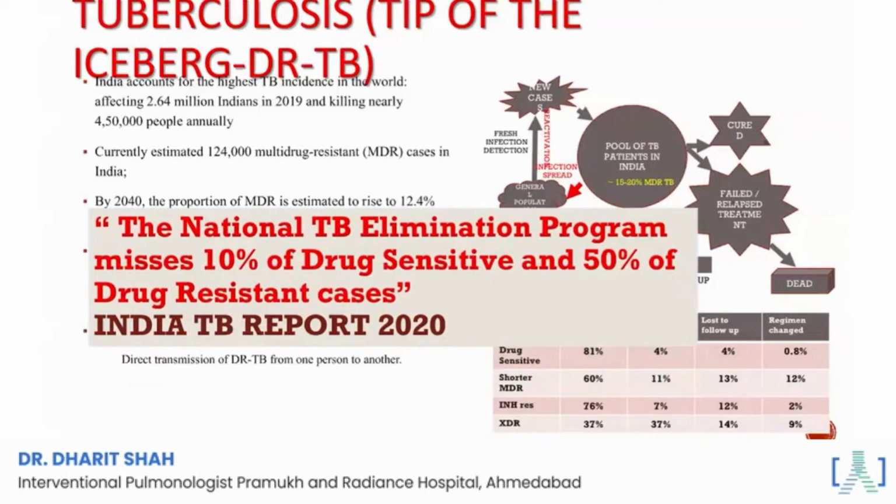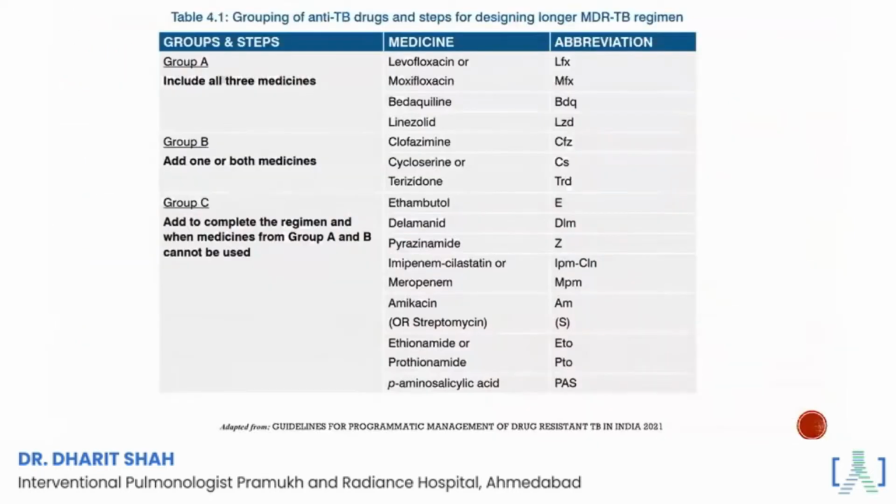You all know the National TB Elimination Program; India has converted from RNTCP to NTEP, but NTEP also misses 10% of drug sensitive TB and 50% of resistant cases. For drug resistant TB, there are 15 to 20 different drugs which we are using to treat tuberculosis.